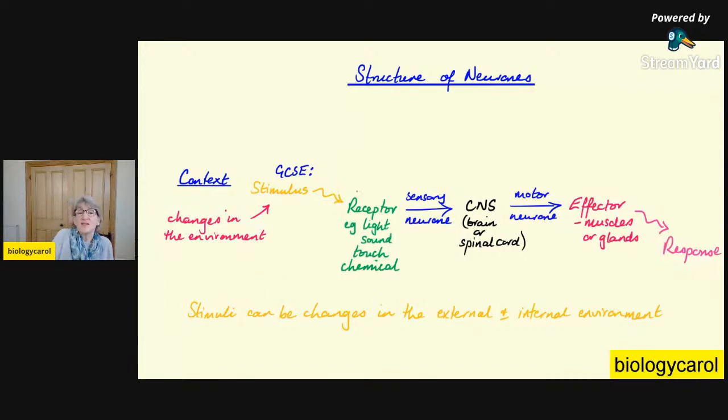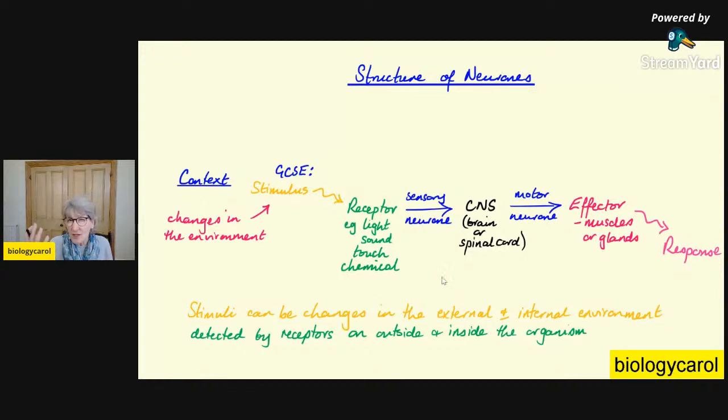And of course, the same basic neuronal pathway is used to bring about a response. They're detected in receptors. Just notice we've got receptors on the outside of our body. Most of our receptors are around our head, because that's the first thing that goes anywhere to detect what is going on, and obviously in our skin.